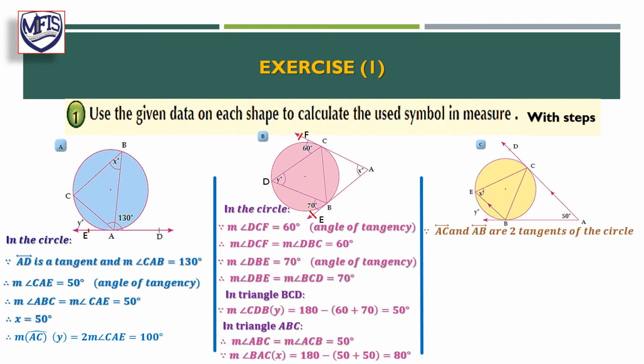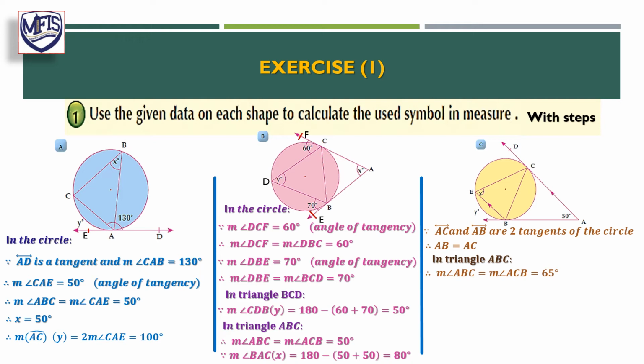Now our steps. Since AC straight line and AB straight line are two tangents of the circle, therefore AB equals AC. That means triangle ABC is an isosceles triangle.